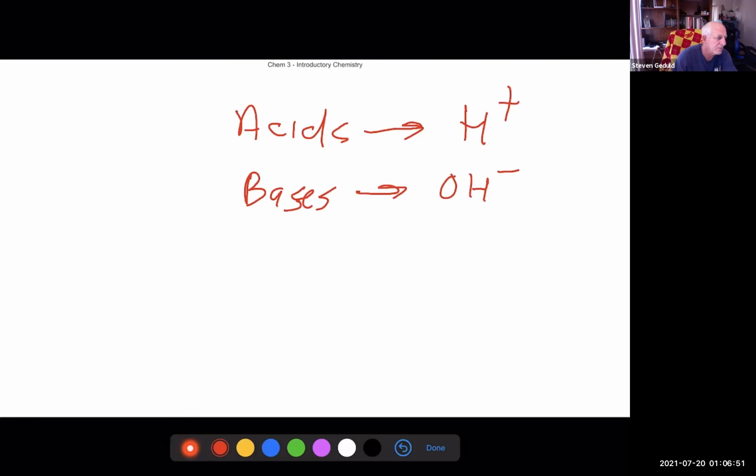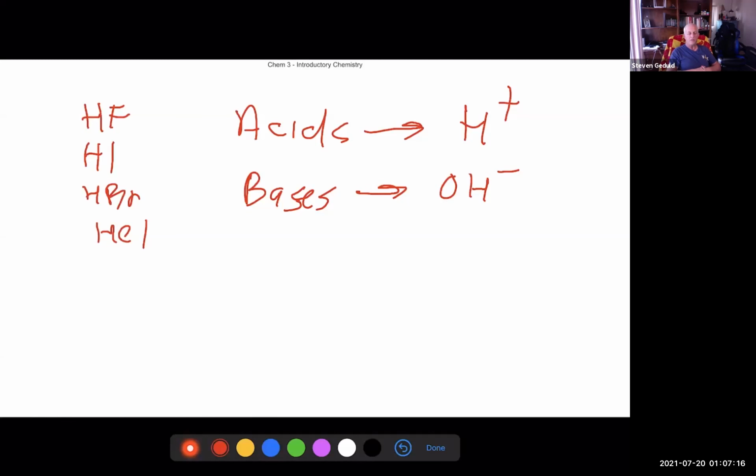Some common acids and bases: you have hydrofluoric acid, hydroiodic acid, hydrobromic acid, and hydrochloric acid. Those are the halogens. The other ones use the polyatomic ions in combination with hydrogen.